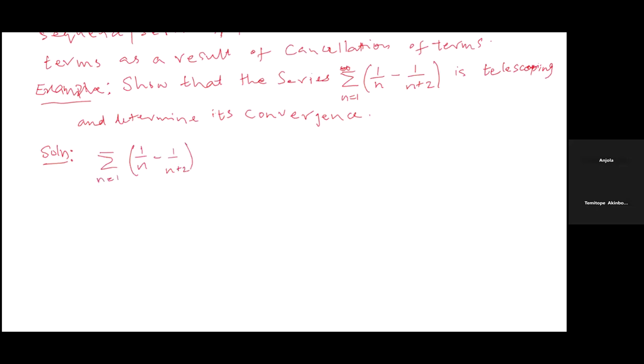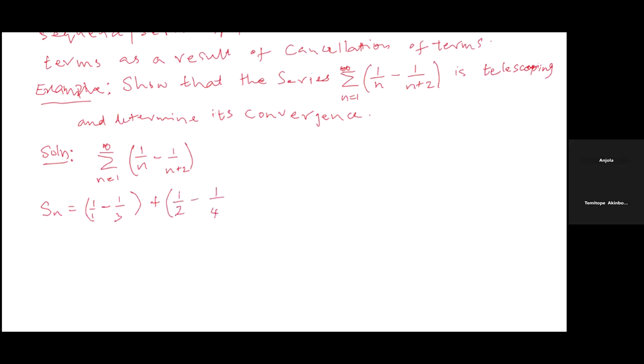So the partial sum, Sn, will be, when n is 1, I will have 1 over 1 minus 1 over 3. Do you agree with that? Yes. Plus, when n is 2, 1 over 2 minus 1 over 4.